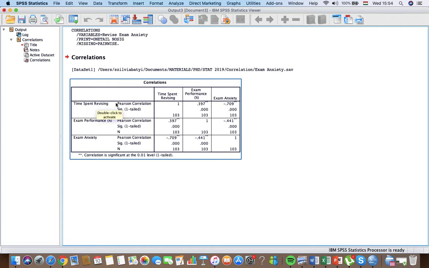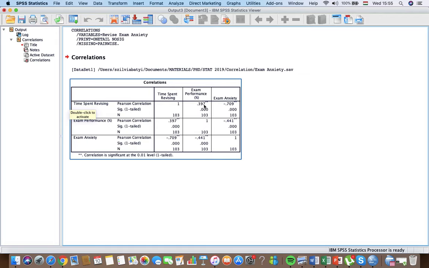So the first line always represents the strength of the correlation between the variables. So time spent on revising positively correlates with exam performance because it's positive and significant.